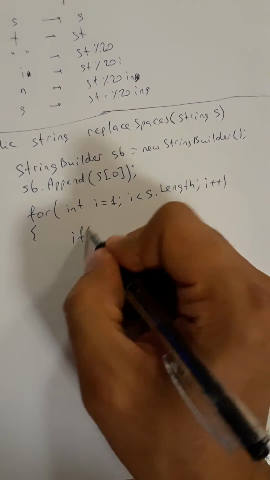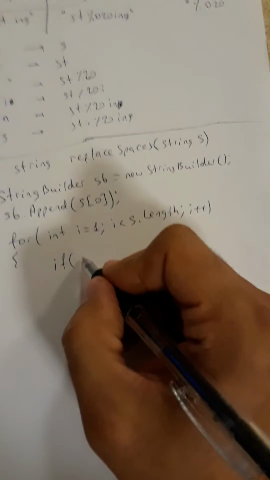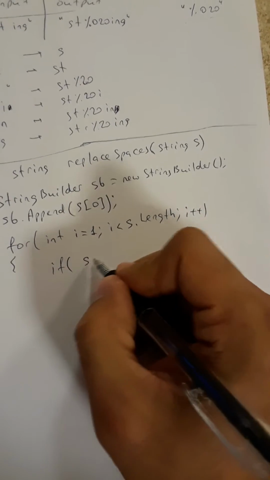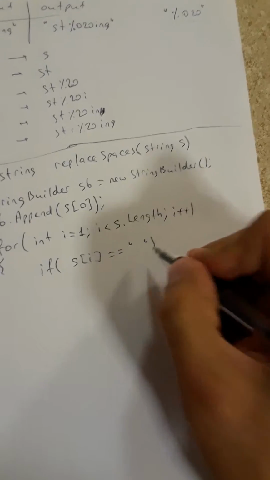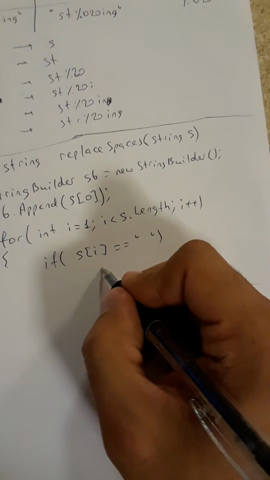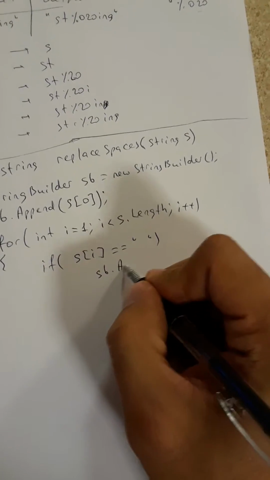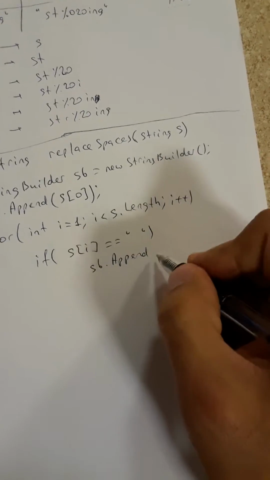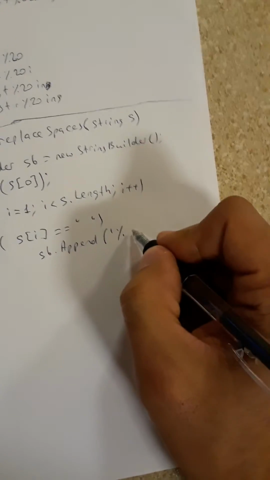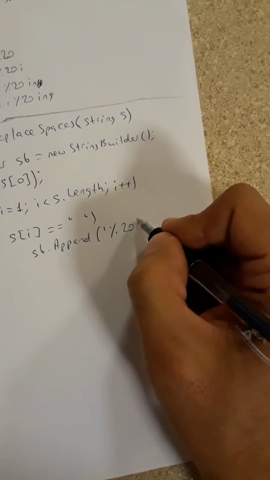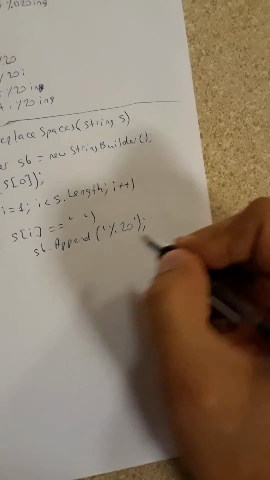In case si is equal to white space, I will append this specific symbol to my string builder.